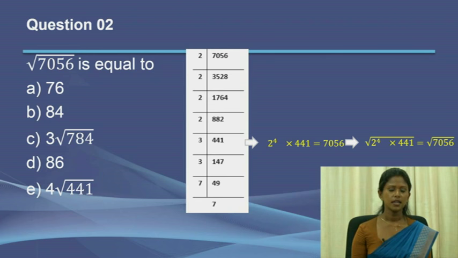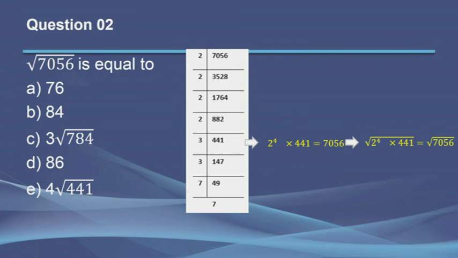Then if we take the square root of both sides, we will be able to find the square root of 7056. It's one method of the solution. So the square root of 7056 will equal 4 times the square root of 441. So we can select one of our answers as E.